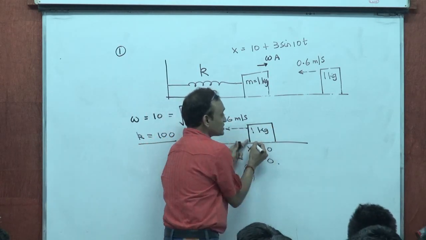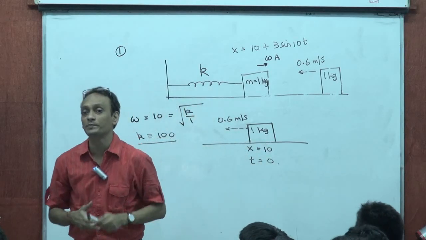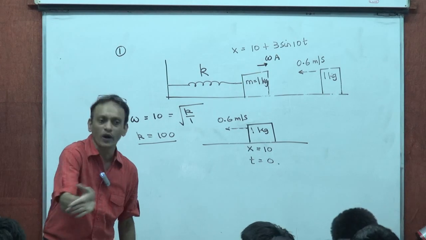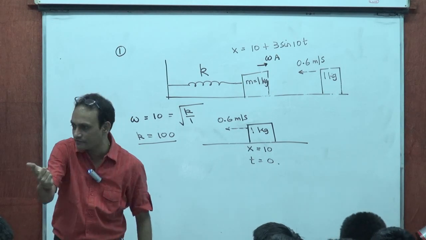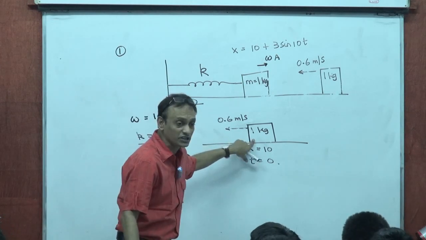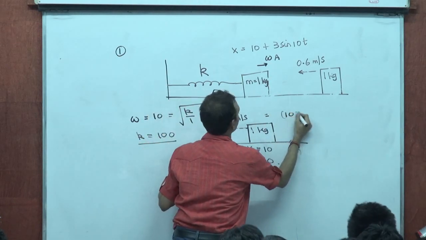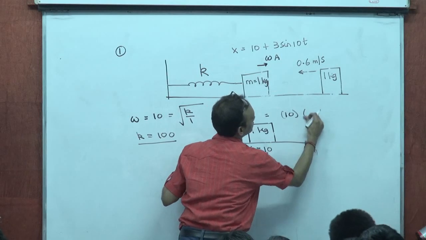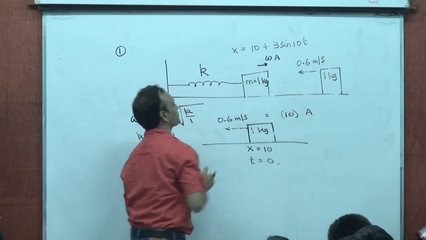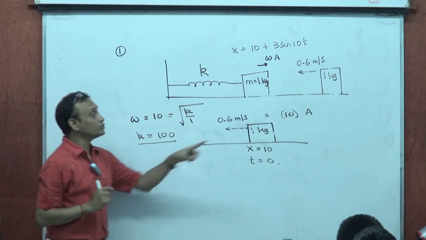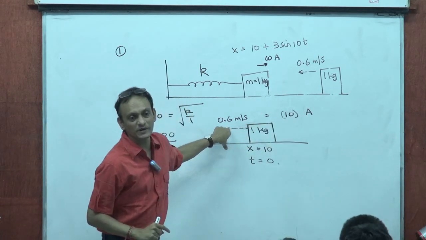Because now, this is still the mean position. Why is this the mean position? Because no net force is acting at this position, right? So what if the direction of velocity has changed? No net force acting at this point. So this v must be omega, which is 10, into the new amplitude A. That means the new amplitude is 0.06 meters.